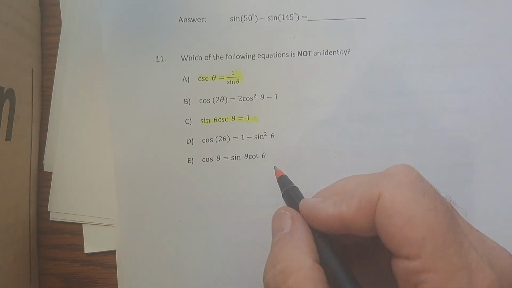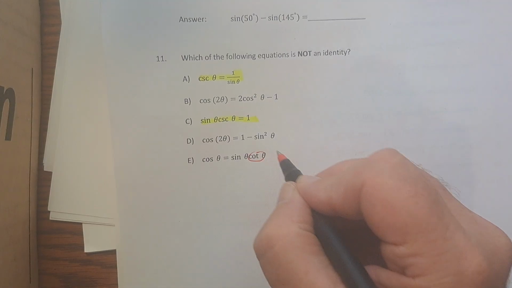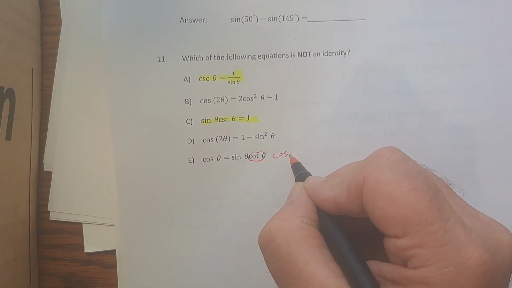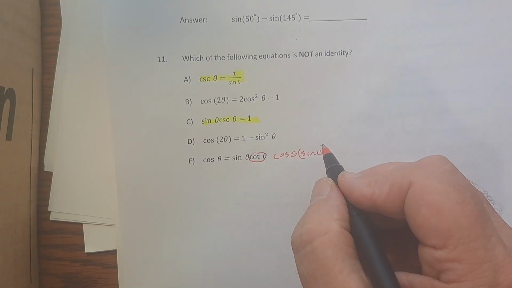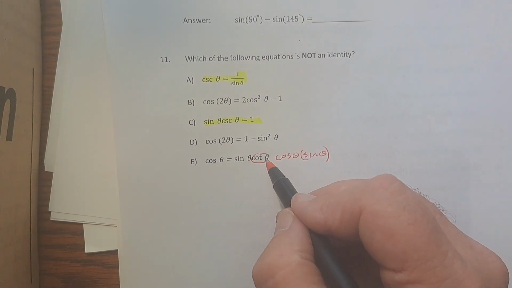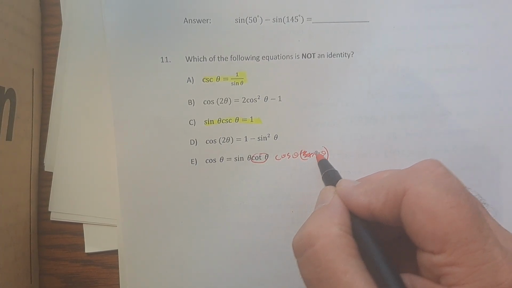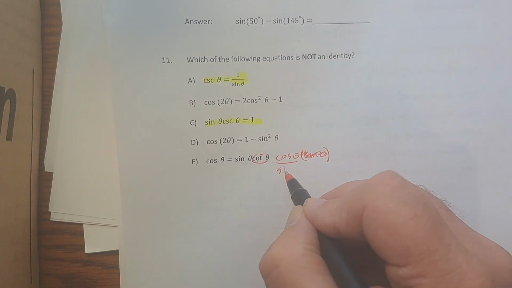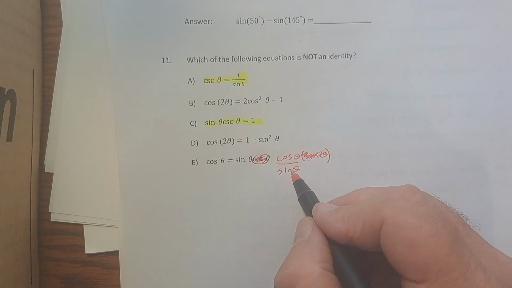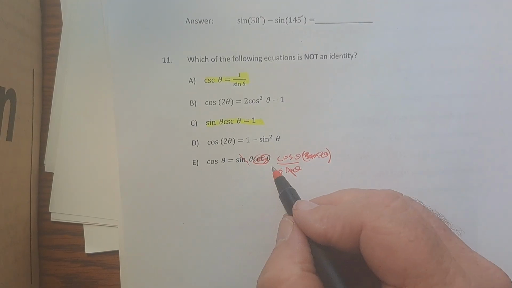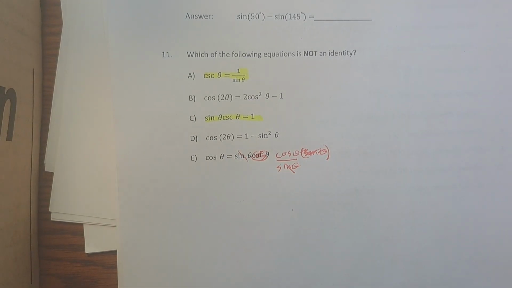This one, cotangent, we're supposed to know is cosine over sine. So if we just replace this with cosine over sine, the sines would cancel, and you just get cosine, as you're supposed to. So that one's okay.